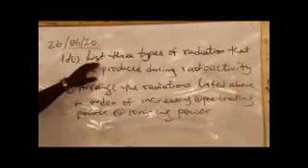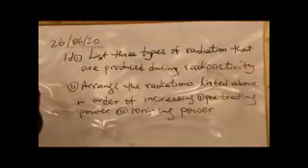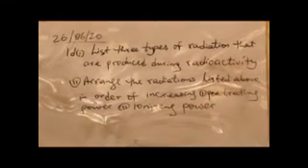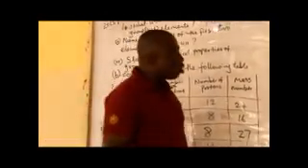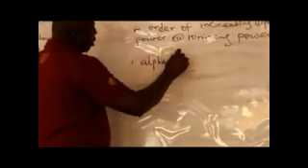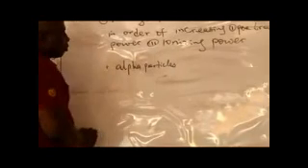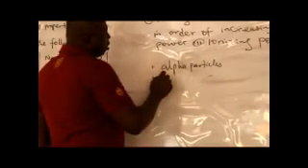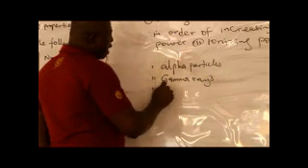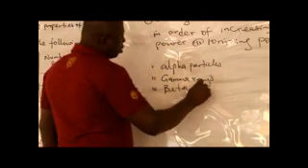The next question, the D part of it, says list 3 types of radiations that are produced during radioactivity. The radiations that are produced during radioactivity include I, alpha particles, II, gamma rays, III, beta rays.